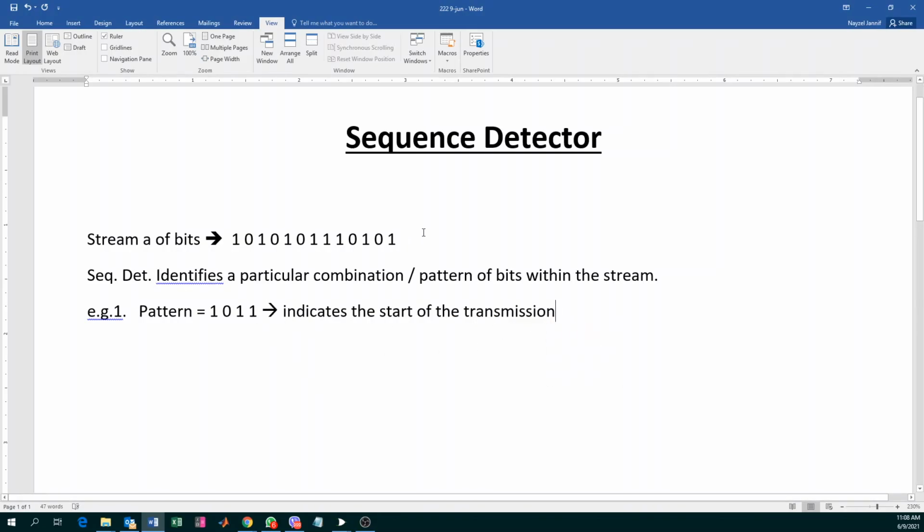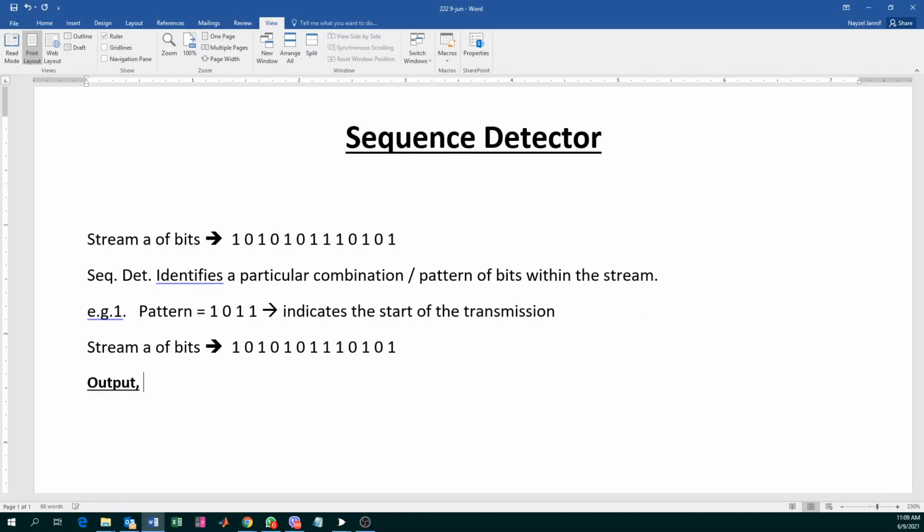If your pattern was 1011, let's say your output is labelled Z. Let me line this up. The first number is a 1, so that's the first bit.